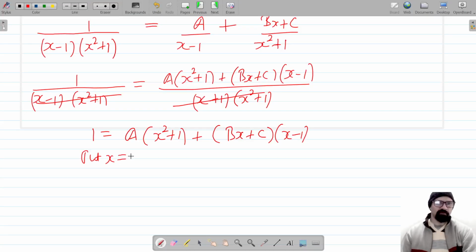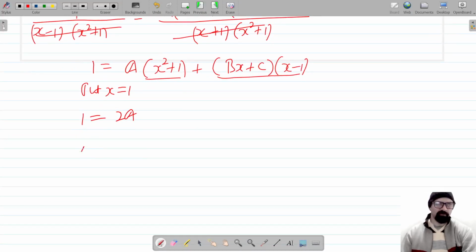Put x equal to 1. If I put x equal to 1, this becomes 2A, and the other term reduces to 0 because 1 minus 1 is 0. So A is half.